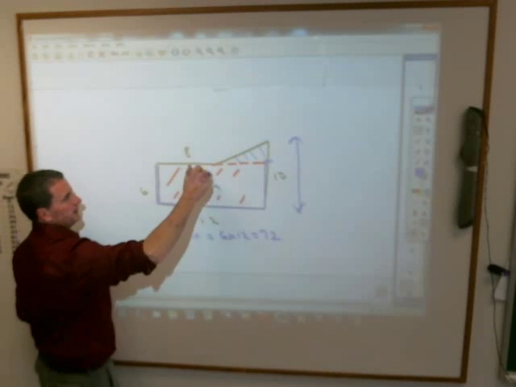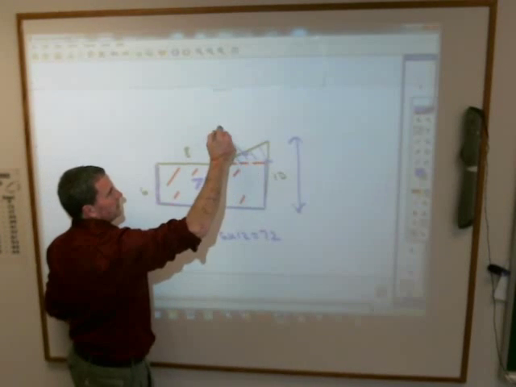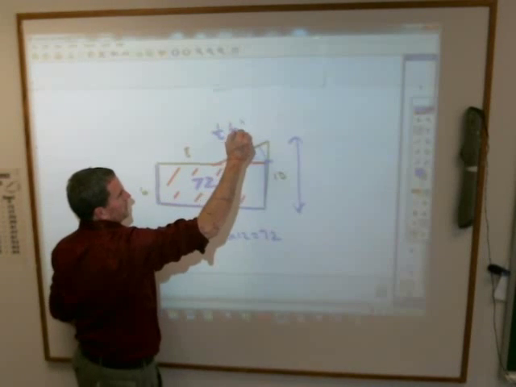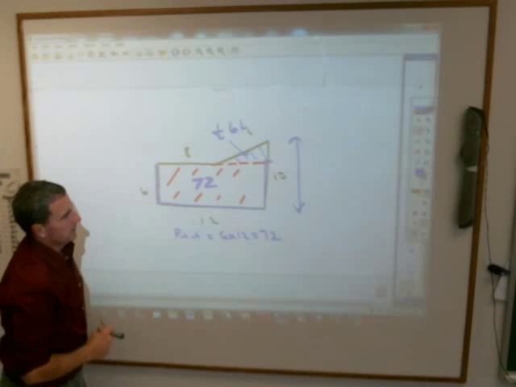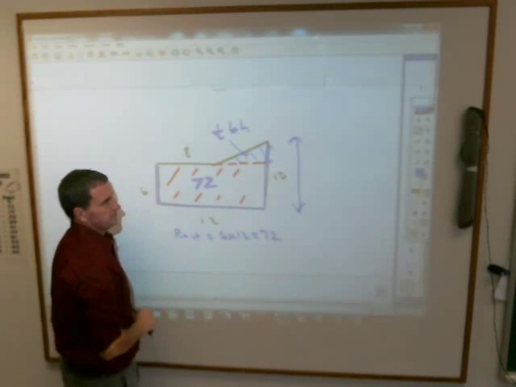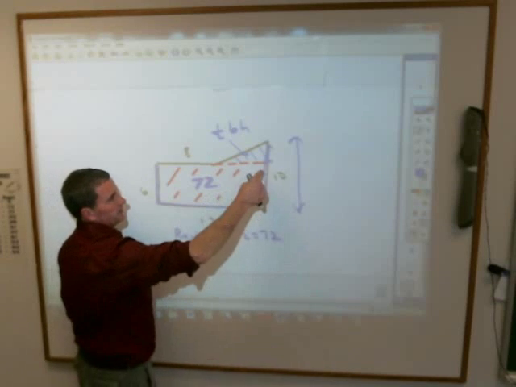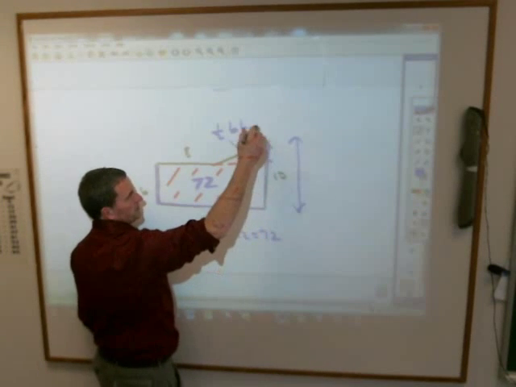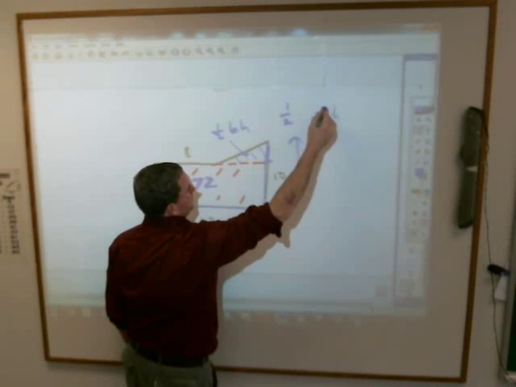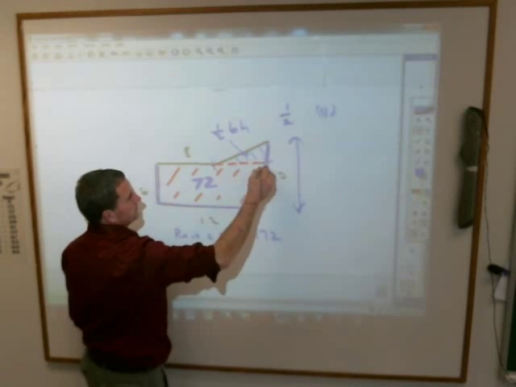And then we have to find the area of that triangle, which is 1/2 base times height. What's this distance from here to here? Should be 4, because you know it's 6 from here to here, so that has to be 4. So 1/2 of something times 4. What's this distance from here to here?